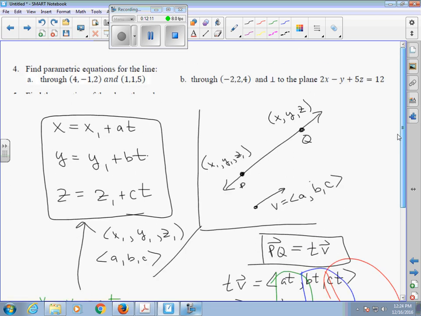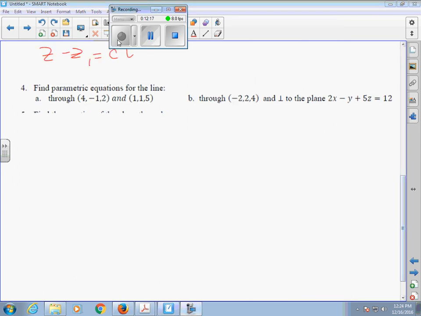Okay, so let's look at 4A. We have at least one point, so we can call that x1, y1, z1, or you could have called 1, 1, 5 that as well. We have the point, but now we need the directional vector. Well, we have two points, so we just do terminal minus initial to get our directional vector.